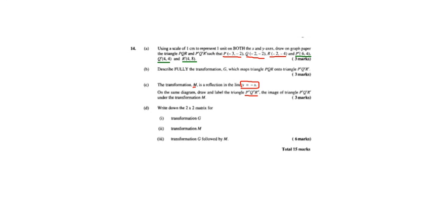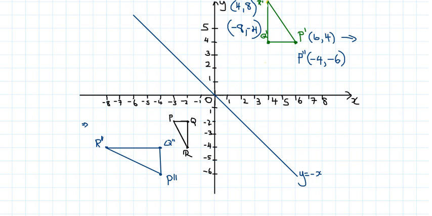And then there's also this part D, which says to write down the 2x2 matrix for the transformation G, transformation M. So transformation G, we already talked about the enlargement earlier, alright? So let's do this, and we'll be able to make it in time so we can take a 10-minute break. Transformation G was the enlargement.